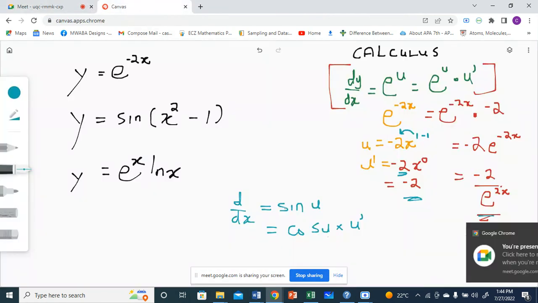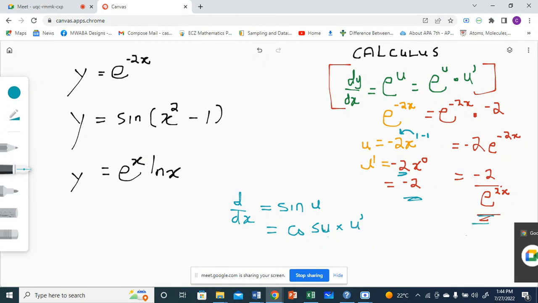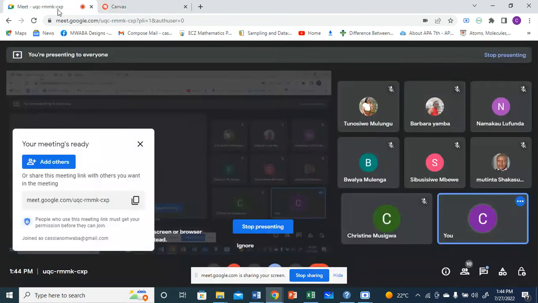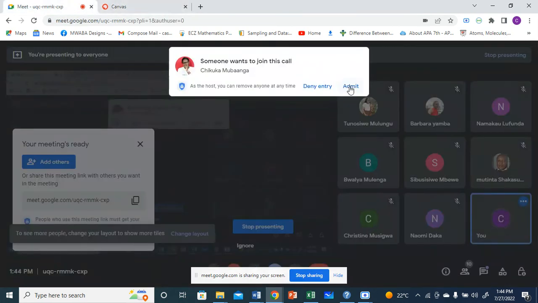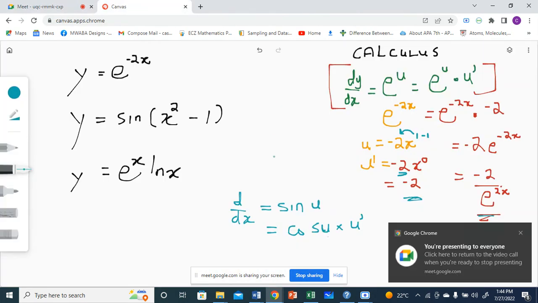All right, the derivative of sine u is cos u times the derivative of u. So what is our u in this case here?